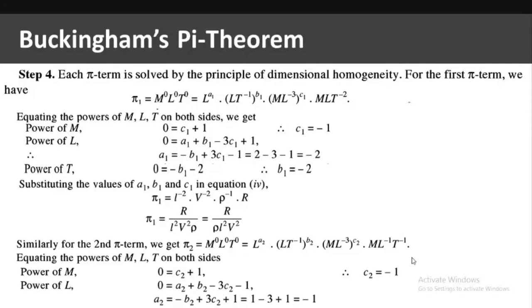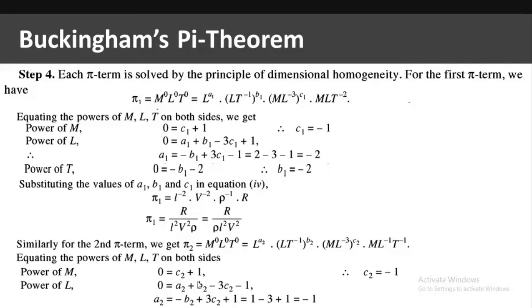Okay, similarly we will equate the power of L, so power of L equate करेंगे, so यहाँ पे L to the power 0, so यहाँ पे right side में आएगा 0, so that equals to L to the power a2, so plus a2, L to the power b2, so again plus b2, यहाँ पे L to the power minus 3 whole to the power c2, so it is L to the power minus 3c2, so here minus 3c2, L to the power minus 1, so minus 1. okay, so यहाँ पे a2 और b2 दो अननोन है, c2 का वैल्यू पता है तो हम a2 को b2 के फॉर्म में लिख देंगे.